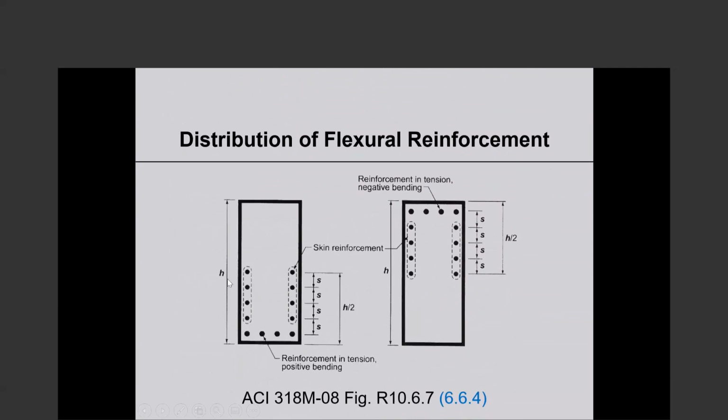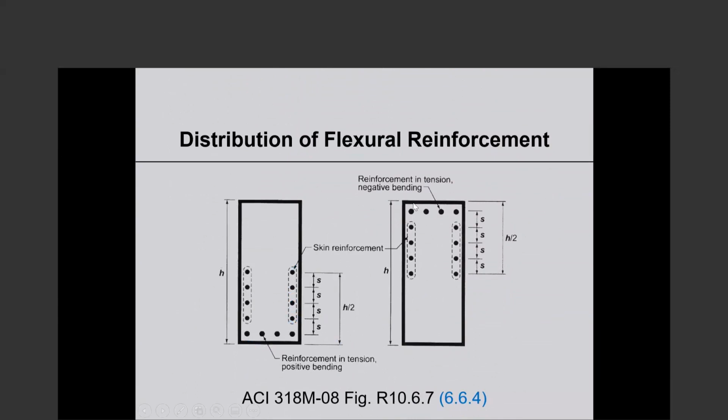Okay, so this is a deep beam, total depth h. So if this is the tension face, the skin reinforcement will be provided as shown in the picture, up to h by 2. Okay, this is h by 2.